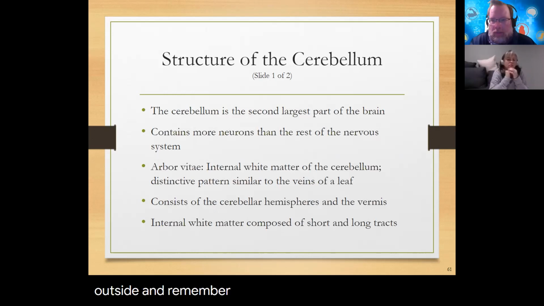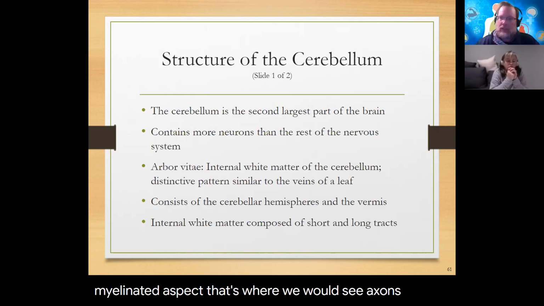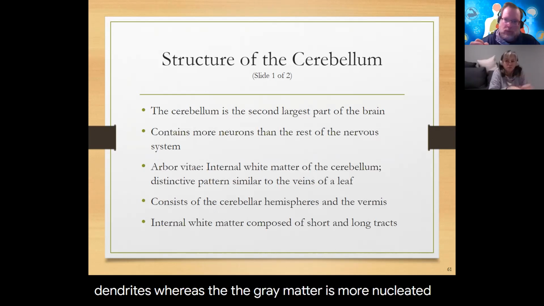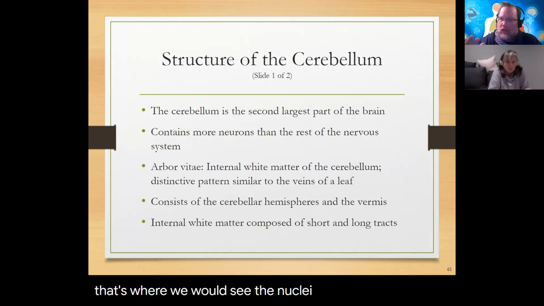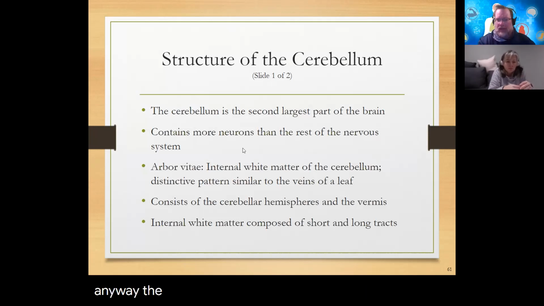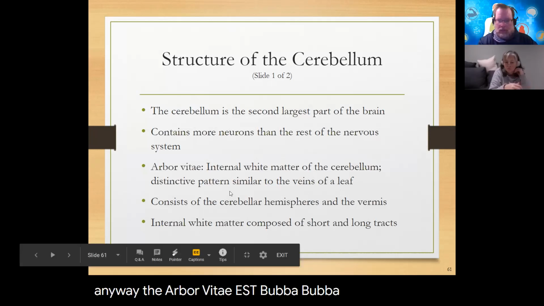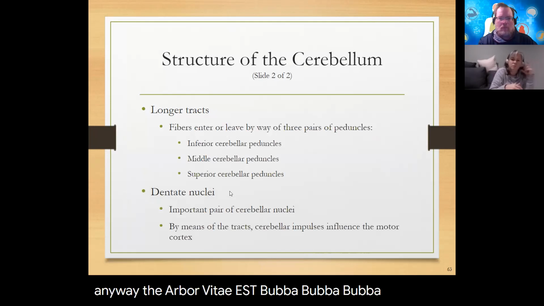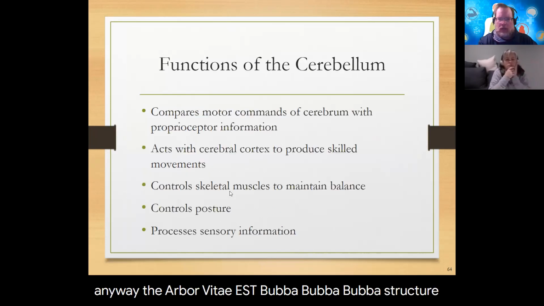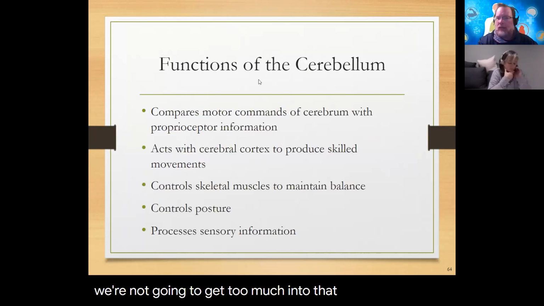And remember, white matter is more the myelinated aspect. That's where we would see axons, dendrites, whereas the gray matter is more nucleated. That's where we would see the nuclei of the neurons. So anyway, the arbor vitae, internal white matter. Structure, we're not going to get too much into that.